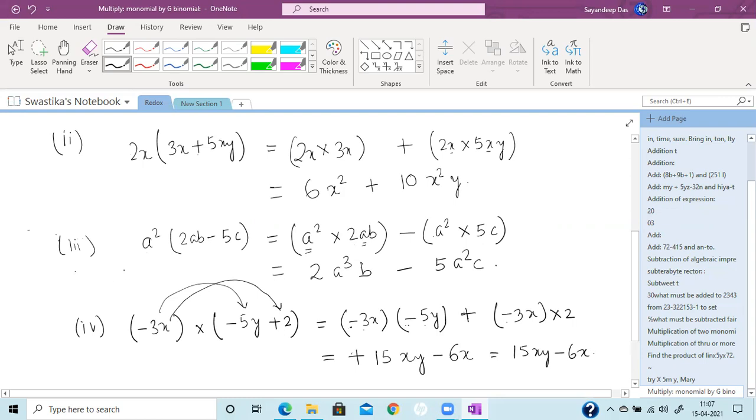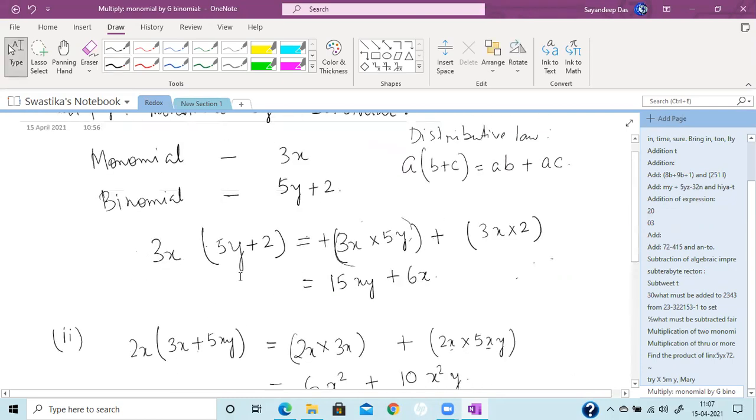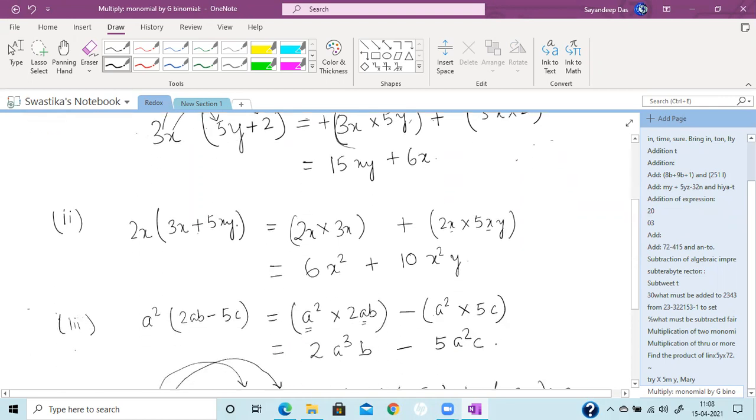If you have any doubt in these problems, you can also solve like this, or you can use the arrow marks. First multiply 3x into 5y, then multiply 3x into 2 in this way. Then multiply the signs. What are the signs? Accordingly, the answer will come.